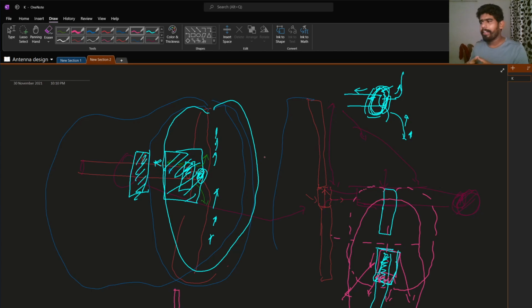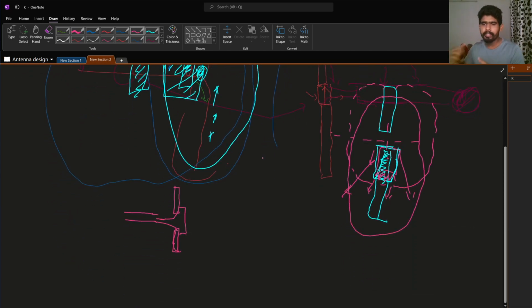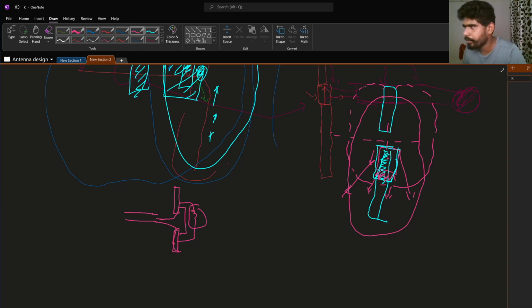And the next thing is, usually this is a floating structure, so there is a chance it can get charged up by static charge or direct ESD discharge. So always try to provide a DC short between these two by providing an inductor. Using this inductor you provide the DC short, and that will help protect from static charge as well as ESD.